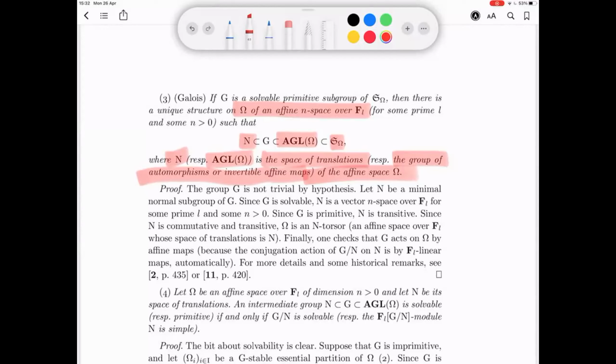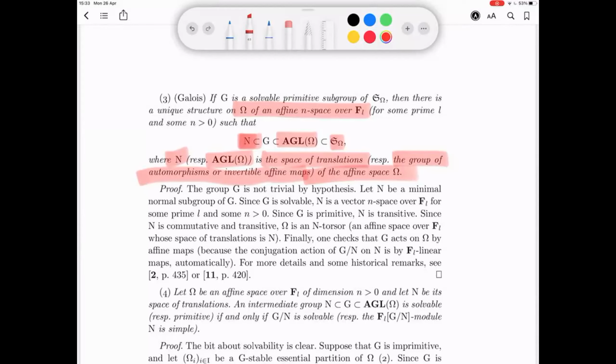So let's put it this way. What is AGL omega? AGL omega is a subgroup of S omega generated by two subgroups. The first subgroup is N. I've told you what N is. It's the space of all translations.